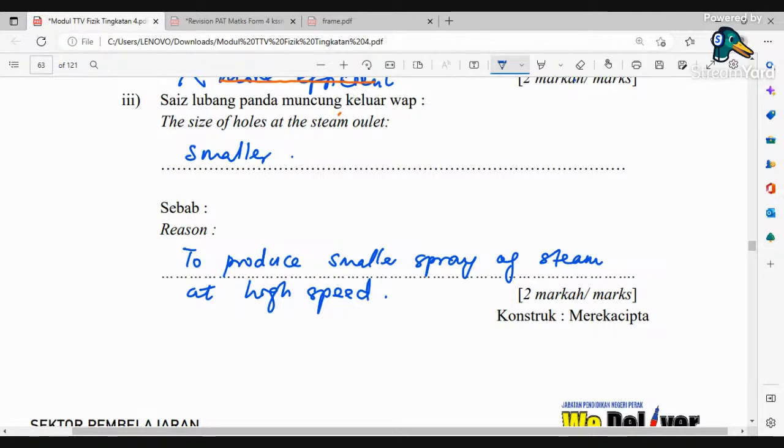Okay, semburan halus. Okay, kita nak hasilkan semburan halus and high speed. So dia lebih baiklah, lebih efficient to iron your clothes.